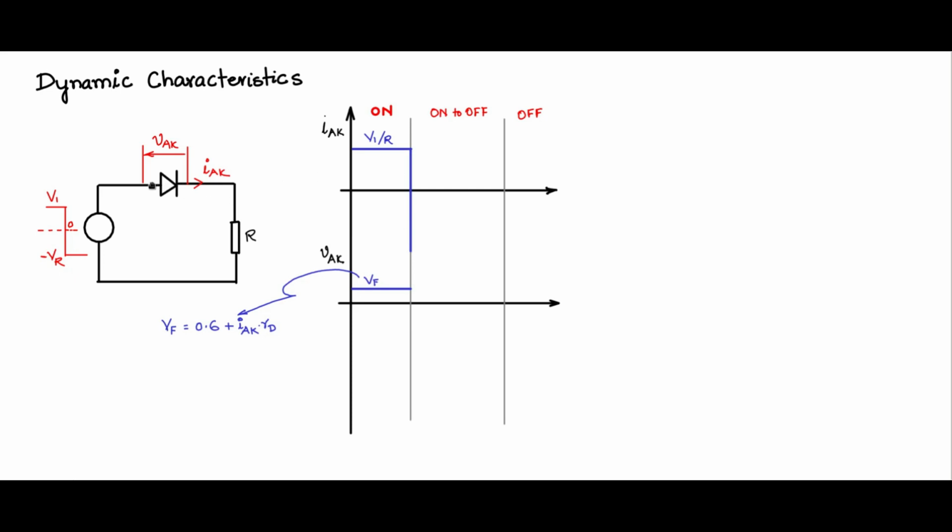So when the diode is on, immediately you will see minus VR applied across R, and therefore minus VR by R will be the current that flows.